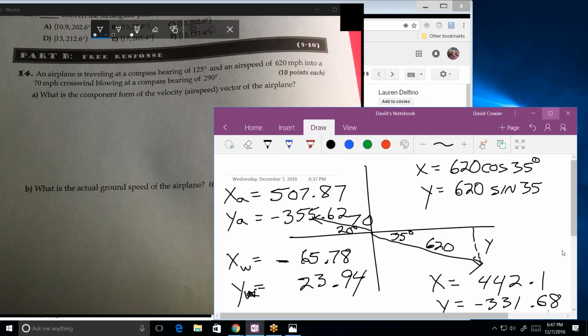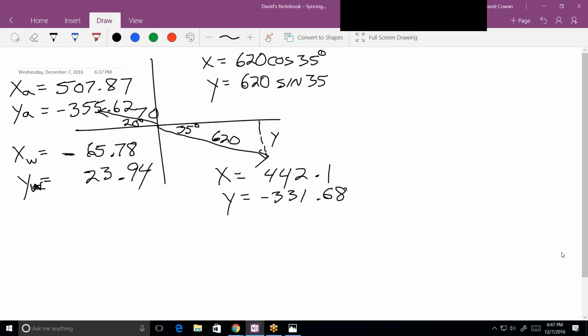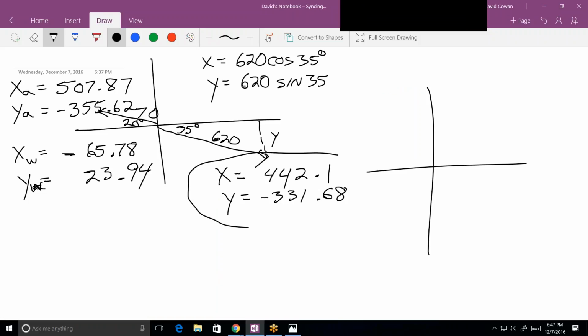Now, we want to come up with the resultant. Wait, what's the result? That's what I'm going to explain in a minute. In other words, there's going to be a net, that's our resultant, okay?